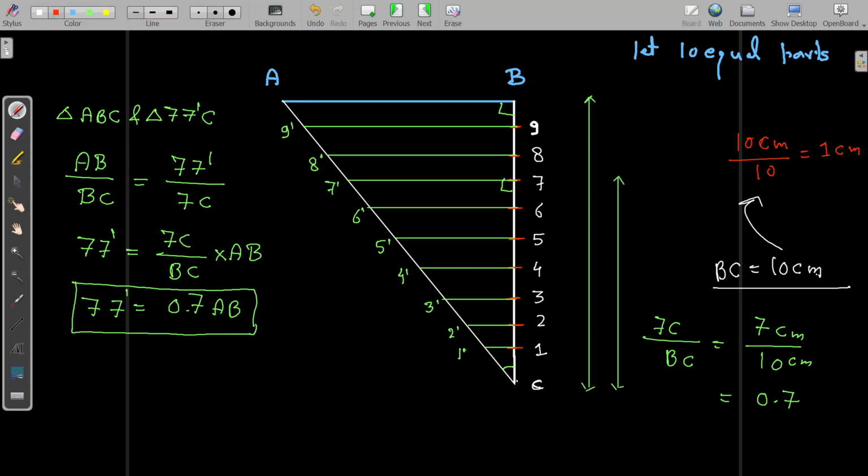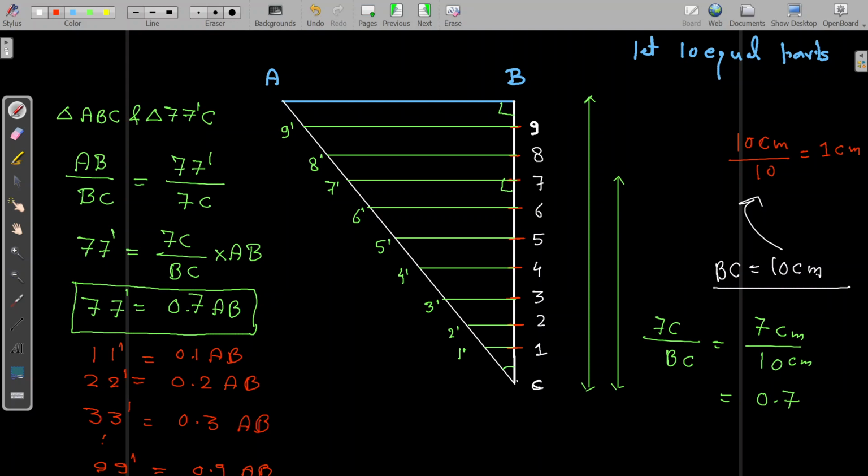Similarly, considering triangle ABC and any other triangle, by repeating the same step you will get 1, 1 dash equal to 0.1 AB, 2, 2 dash equal to 0.2 AB, 3, 3 dash equal to 0.3 AB, and so on up to 9, 9 dash equal to 0.9 AB.